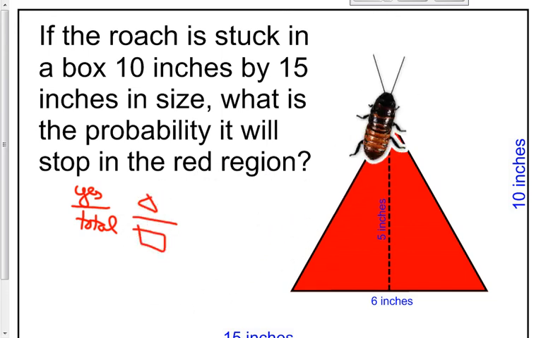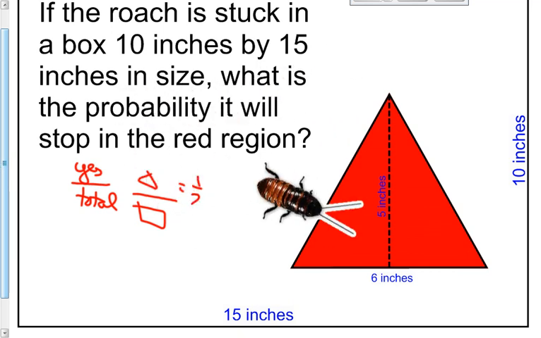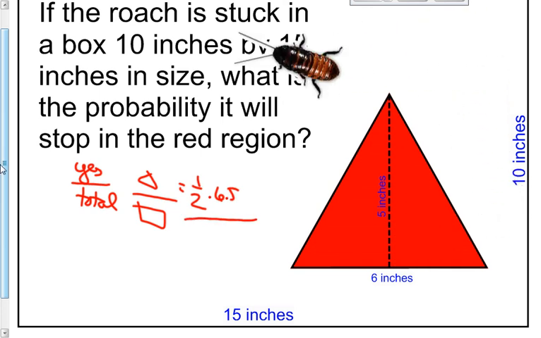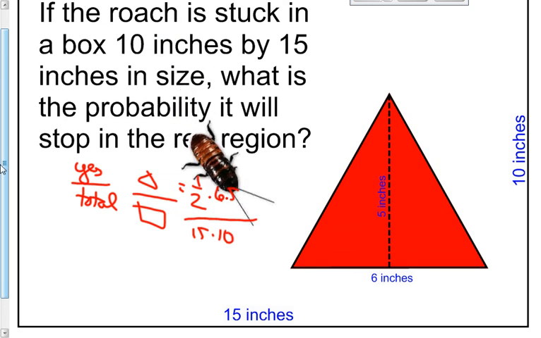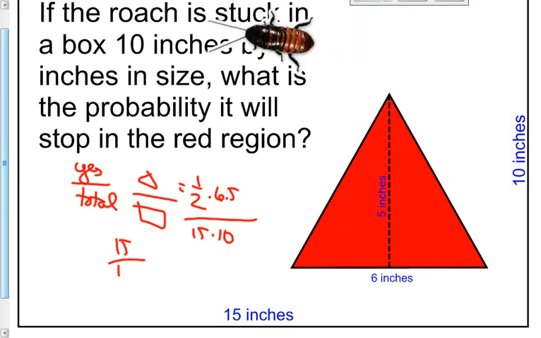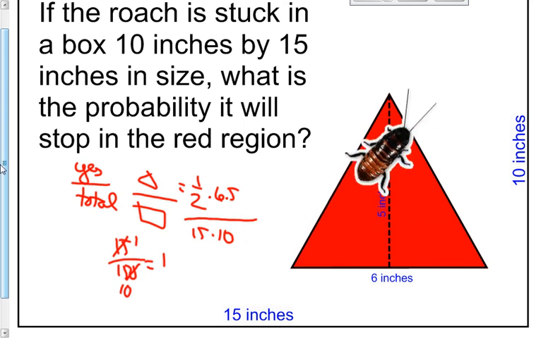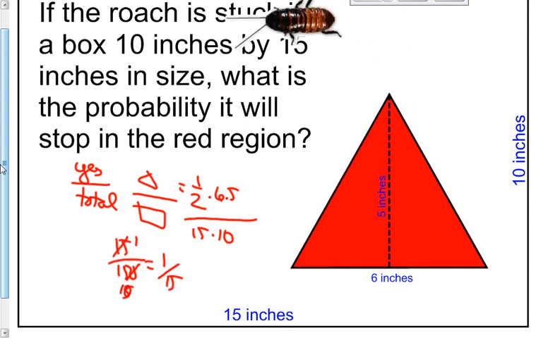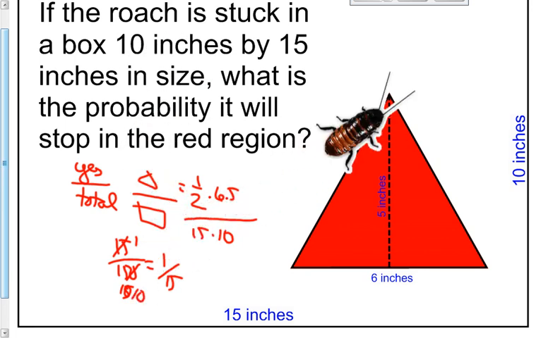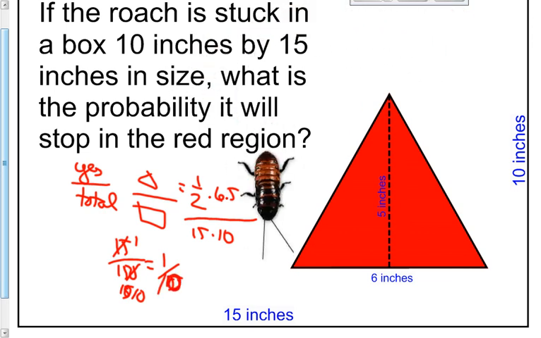So if you look at your dimensions, the area of the triangle, 1/2 base times height, 1/2 times 6 times 5, over the outside rectangle, which is 15 by 10. 1/2 times 6 is 3, 3 times 5 is 15, and then 15 times 10 is 150, and that will reduce. Can't do my own math today. 1/10 would be the probability for that.